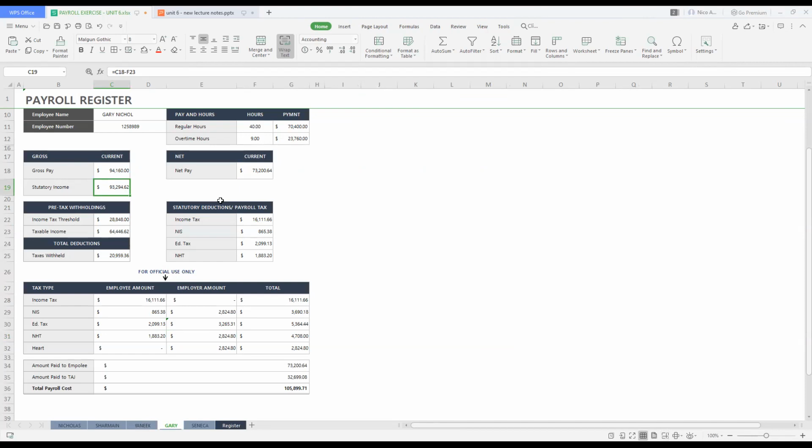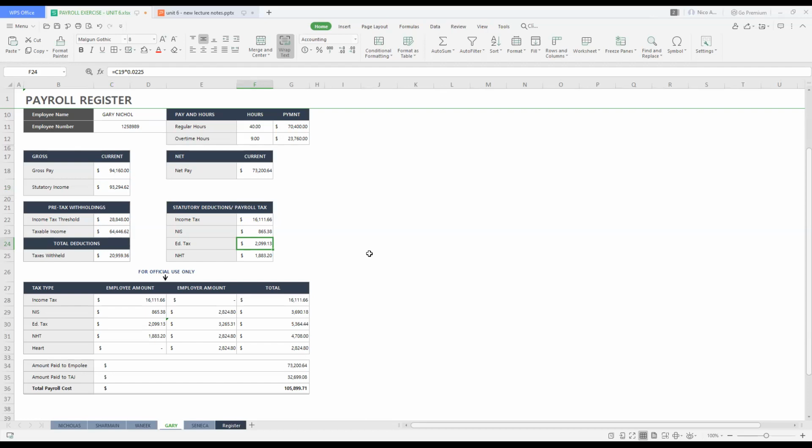Immediately, we can go ahead now and do the education tax, which is 2.25% of the statutory income. And so that's 2.25% of $93,294.62, which gives us an education tax of $2,099.13.